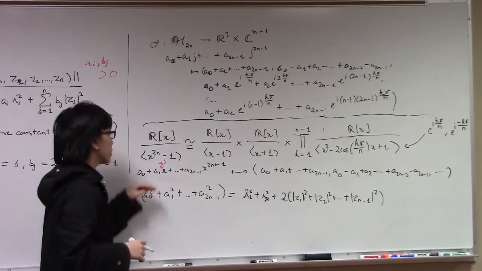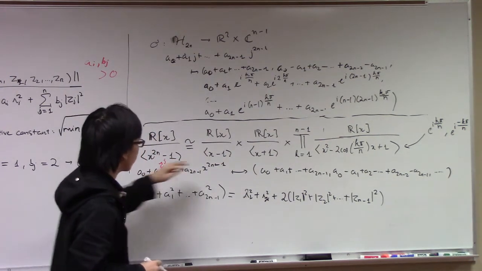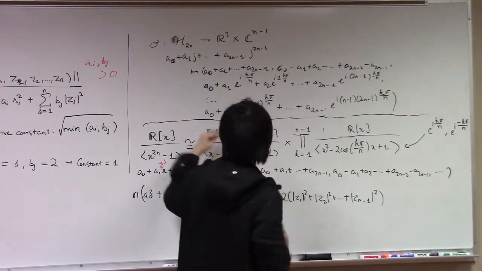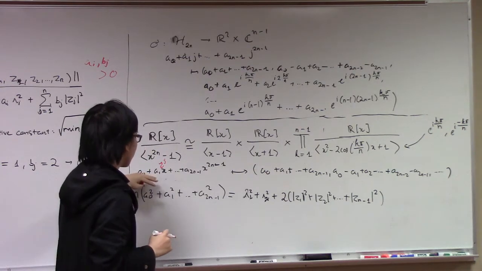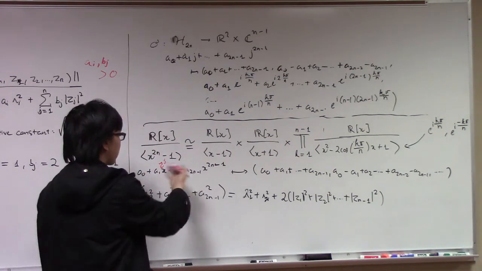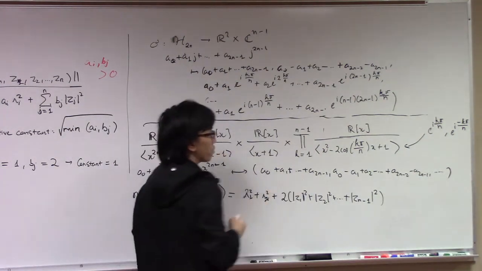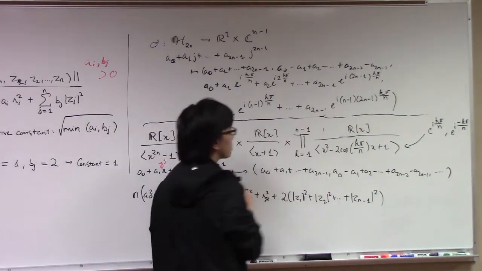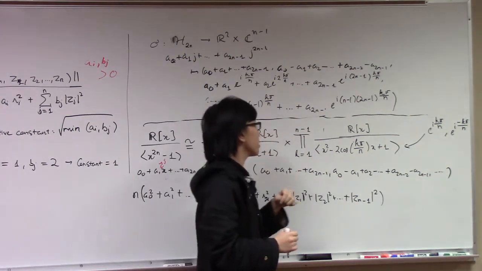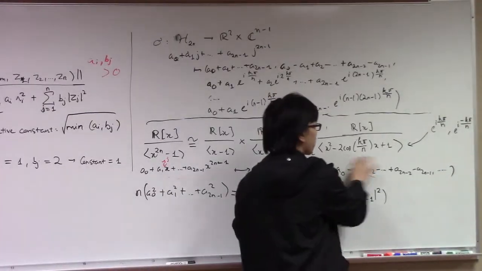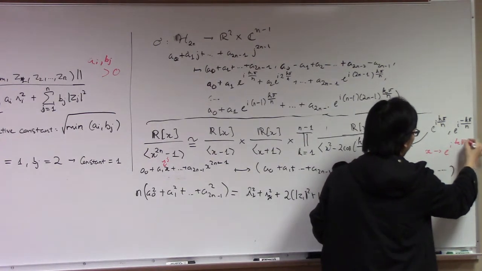When I use the Chinese remainder theorem on each factor, I get the same polynomial but with the root replaced. For x minus 1, I replace x equal to 1 and get the first part. For the second part, x plus 1, I get the next. For the quadratic parts, I replace x by e to the i k pi over n.